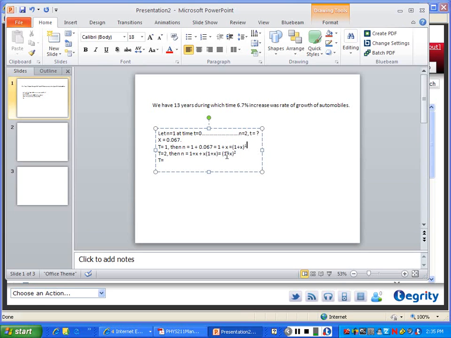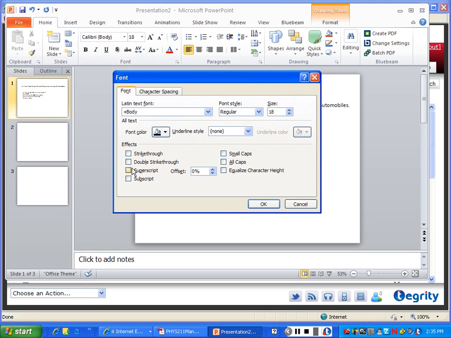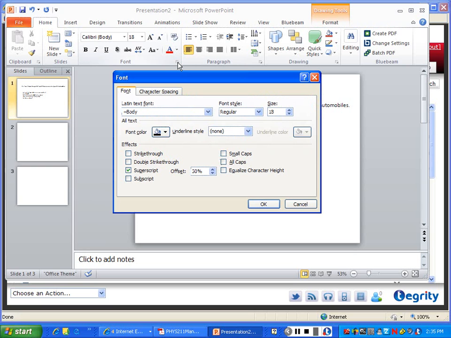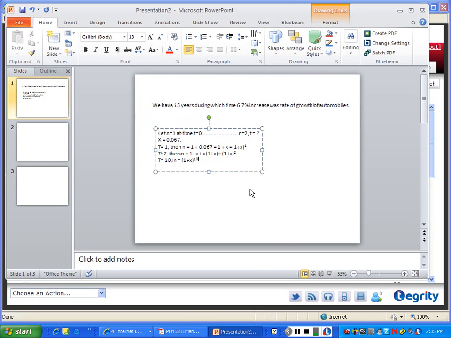After year 2, the term 1 plus x is raised to the 2 power. So after year whatever, let's say year 10, then the number would be 1 plus x raised to the 10th power, wouldn't it? And that would tell us how many vehicles were produced based on that percentage increase, our x value, in a 10-year cycle.